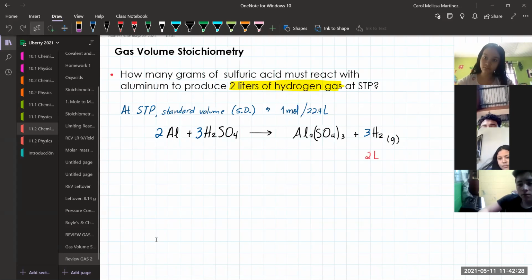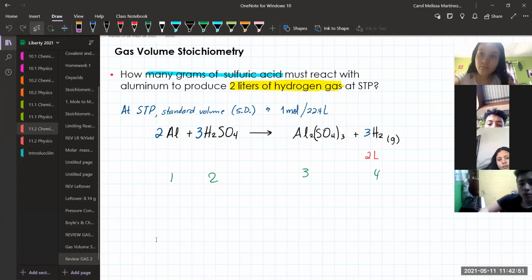And it says how many grams of sulfuric acid. So I need to look for the mass of sulfuric acid. So which of these compounds is sulfuric acid? 1, 2, 3, or 4? Which one is the acid?